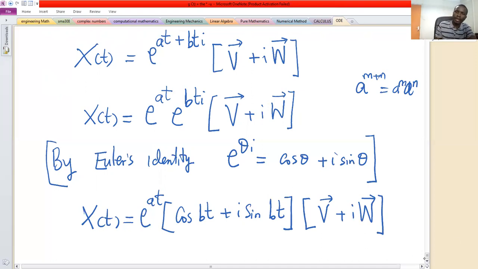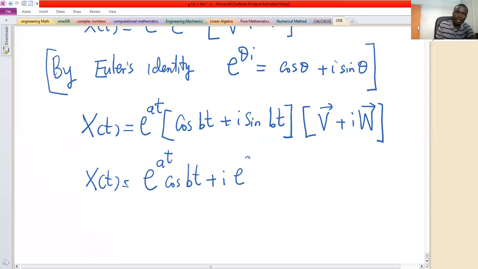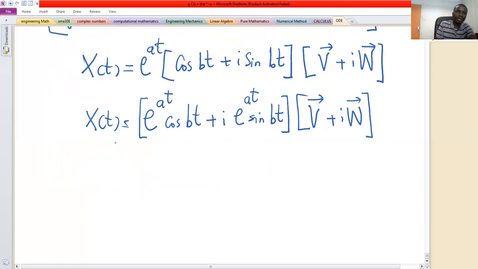Remember, e raised to the power a t is just a number. So this can be written as x of t is e raised to the power a t cosine of b t plus i e raised to the power a t sine of b t, and then this will multiply by v plus i w. So now let's just open the brackets and collect real parts and imaginary parts.